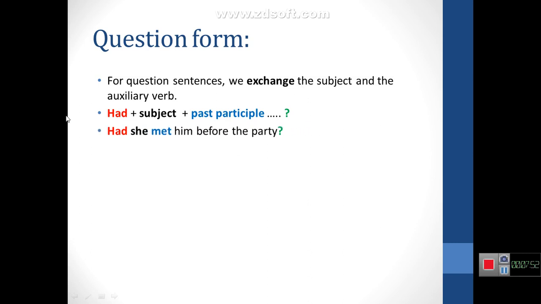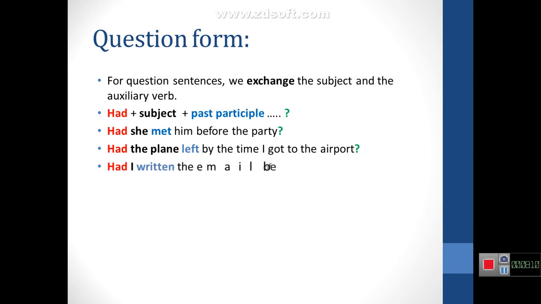Another important thing, don't forget we have to write H as a capital letter. Had she met him before? Had she met him before the party? Had the plane left by the time I got to the airport? Had I written the email before?